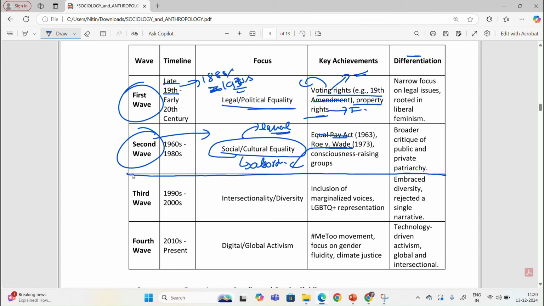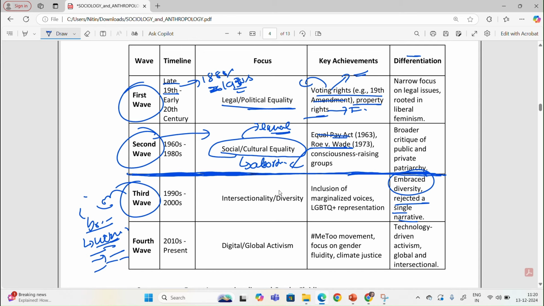It is said that the real feminism ended with the second wave, and the third and the fourth wave often promoted feminazi. But we have to study. So the third wave of feminism broadened the scope to include identities within women as well. So a black woman, a Chinese woman, an Indian woman, so it embraced diversity and rejected the single narrative of a woman, of a tribal woman.